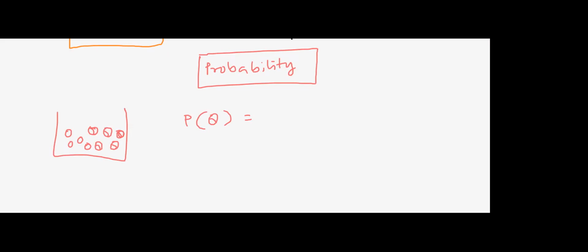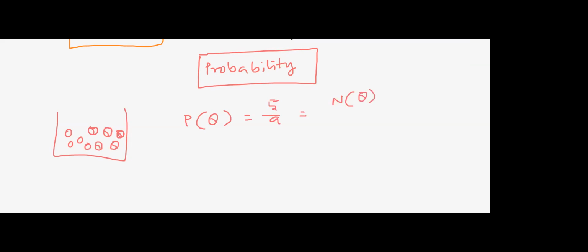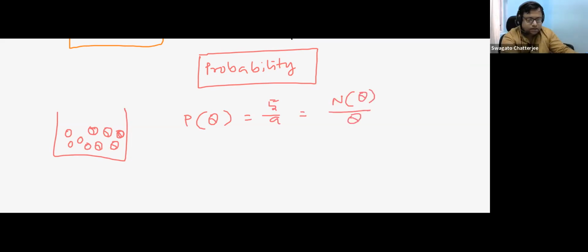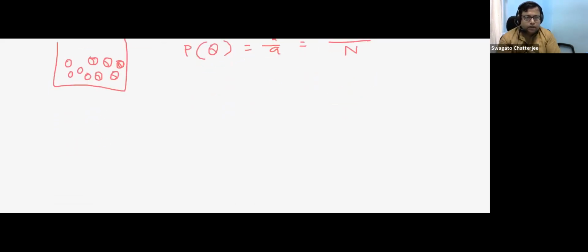The number of striped balls divided by the total number of balls. That's basically the probability.